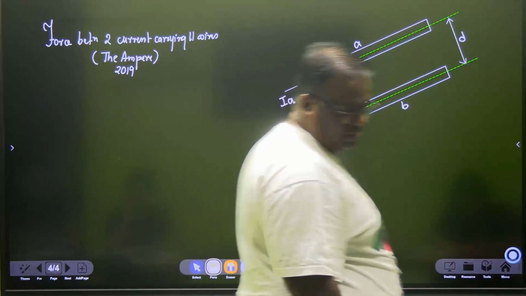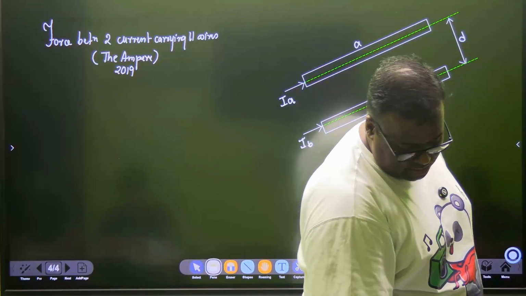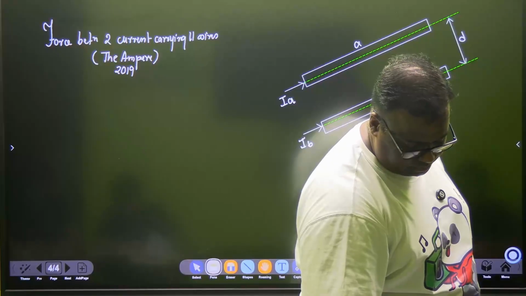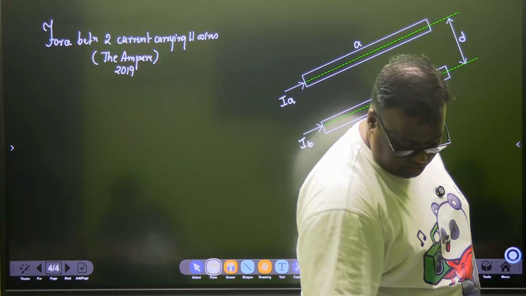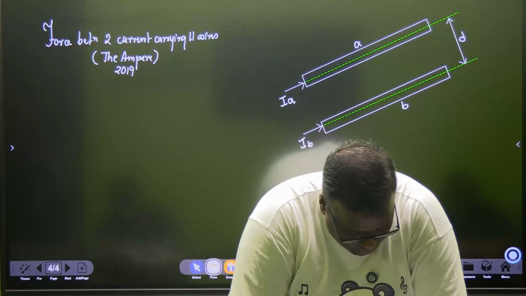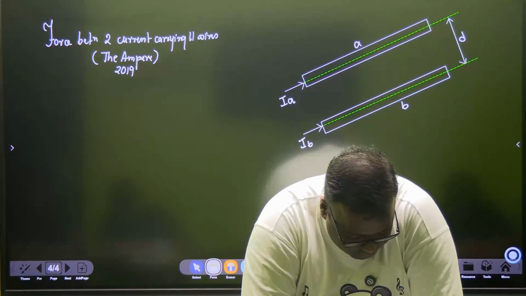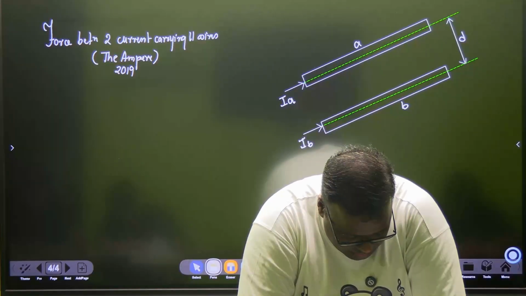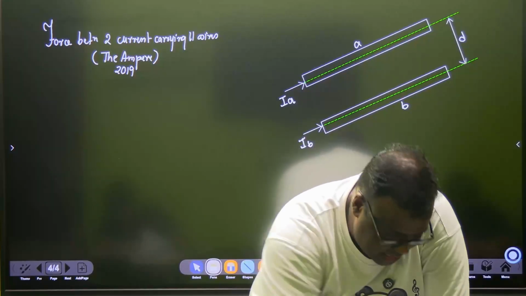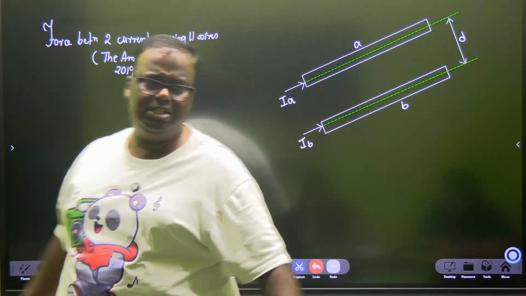So you can write as you draw: two parallel wires A and B, separated by a distance D, are fed with currents IA and IB respectively. This is a very interesting derivation.